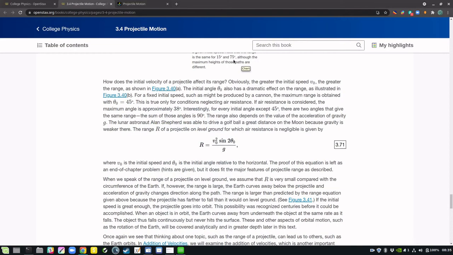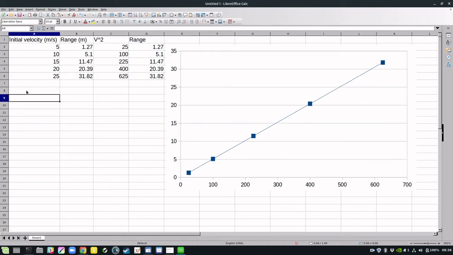Well, if you look at the formula, r is directly proportional to v squared. So if you plot r versus v squared, then the slope will be whatever it remains, but it should be a linear relationship. So hopefully that makes sense. Let me type it in words: if r is equal to y and v squared is equal to x, and the slope is equal to sine 2 theta over g, then this graph at right is essentially y is equal to mx.